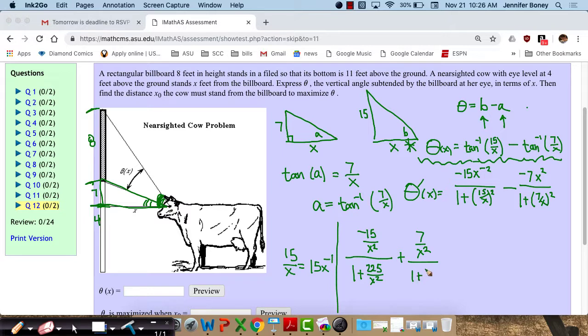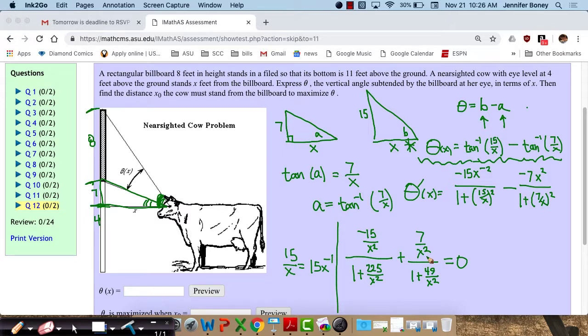Now, how I can make this a lot nicer is, I'm looking for when this derivative equals 0, multiply through the whole equation, both sides of it, by x squared. That gets rid of the x squareds in the numerator, or I can even think about multiplying each fraction by x squared over x squared.